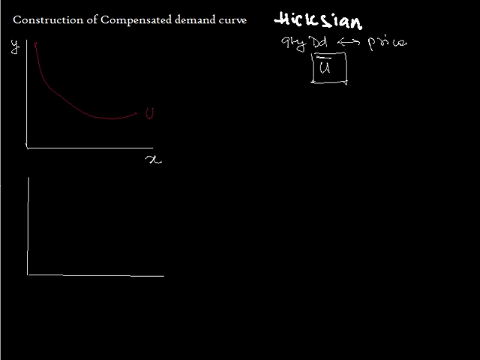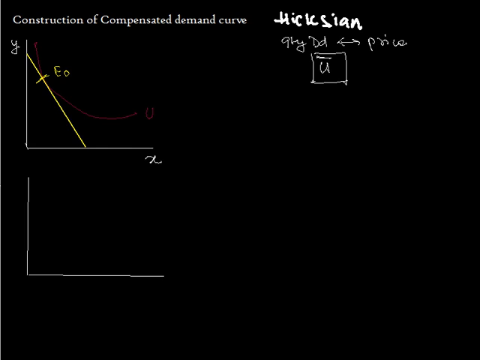Now this is drawn at some level of budget. At this budget, this is the equilibrium point, say E naught.